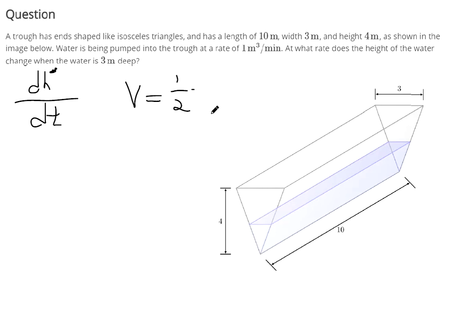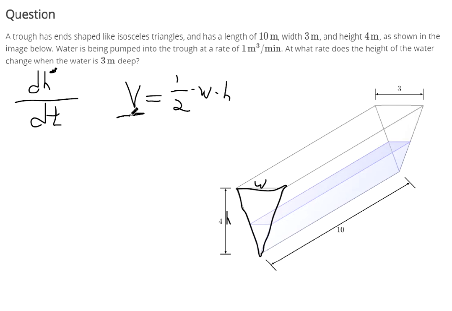So the volume of this figure is going to be the area of this two-dimensional base, which generically we would say is 1/2 W times H. This is what they're calling H because they're saying it's 4 centimeters, so W times H is the area of this two-dimensional base.